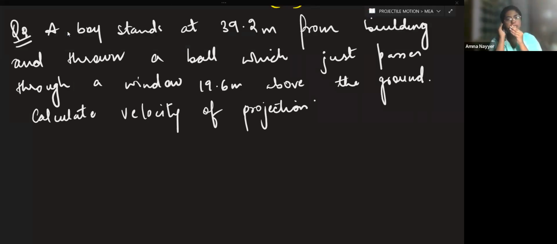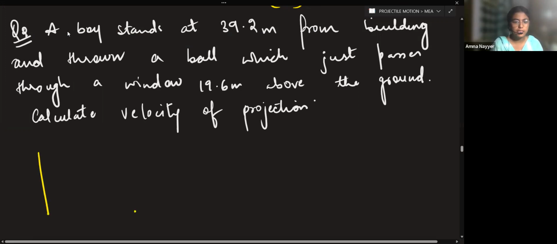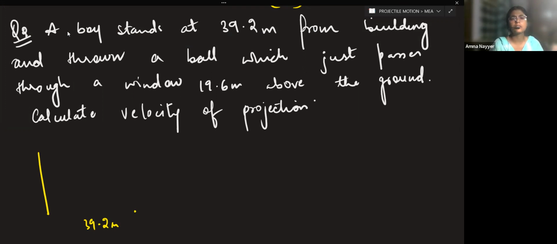See class, what does the question say? A boy stands at 39.2 meters from a building. So if this is the building, this will be 39.2 meters. And a ball is thrown which just passes through a window 19.6 meters above.